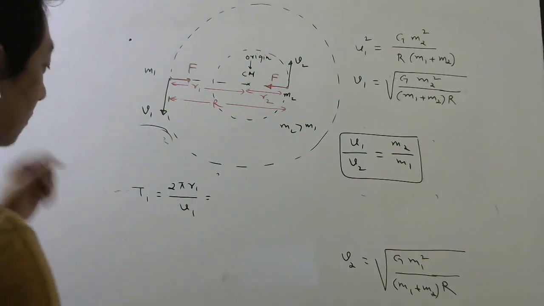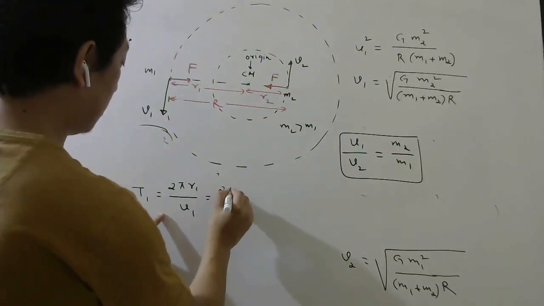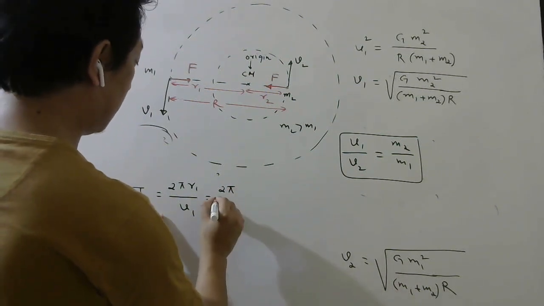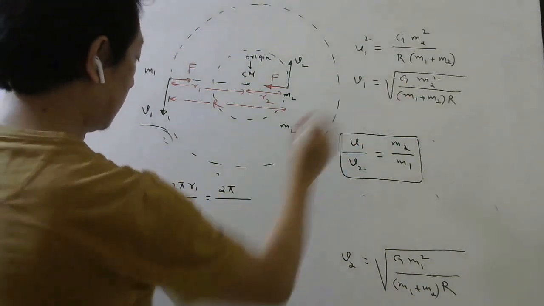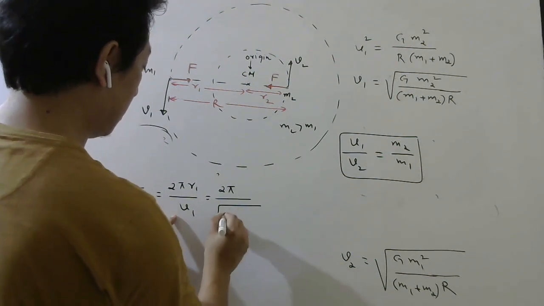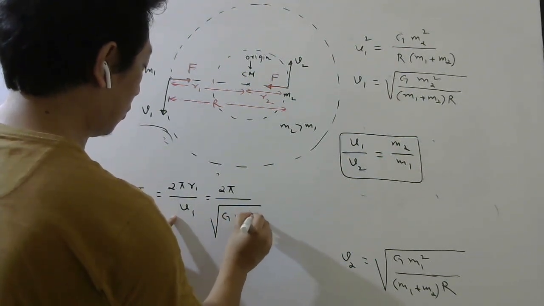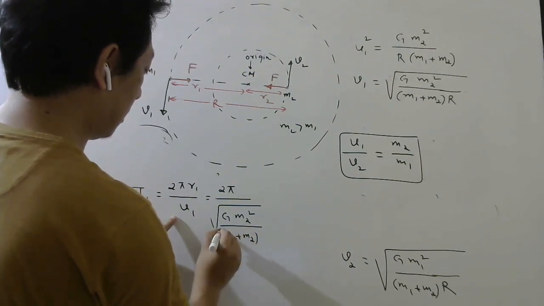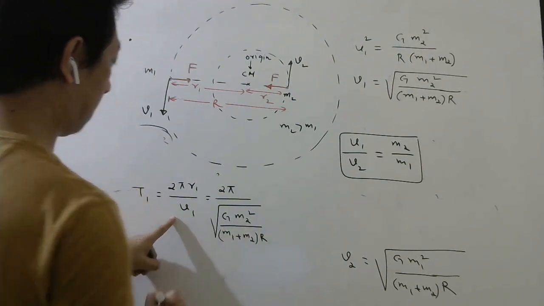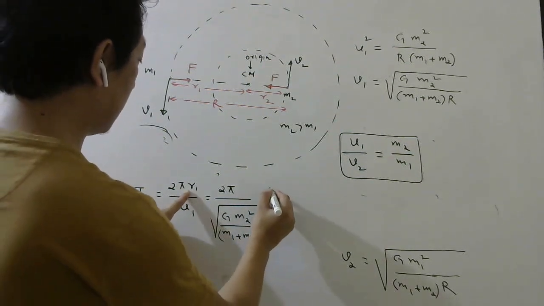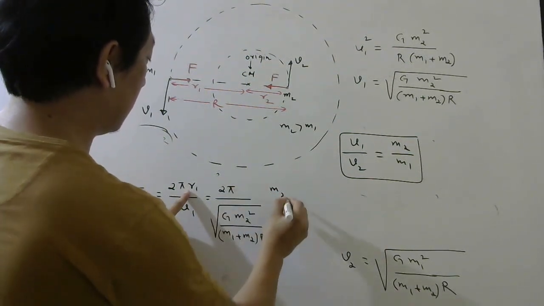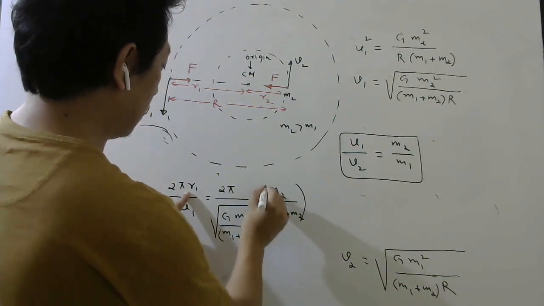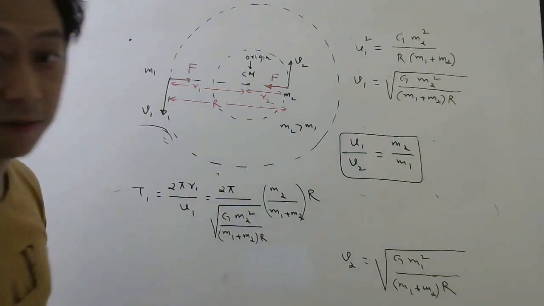Now v1 is this, root over G m2 square by m1 plus m2 into R. And r1 was m2 by m1 plus m2 into R. So that was your time period.